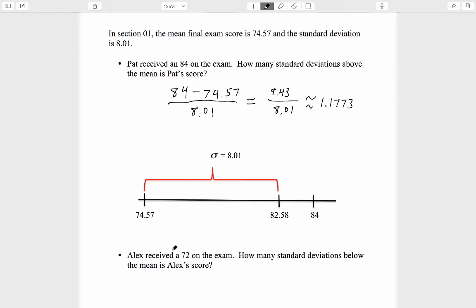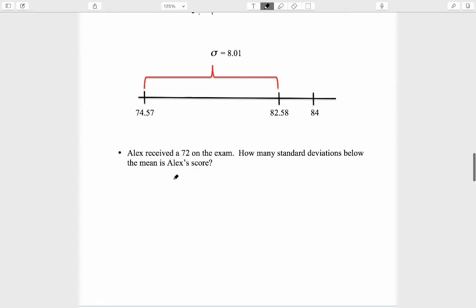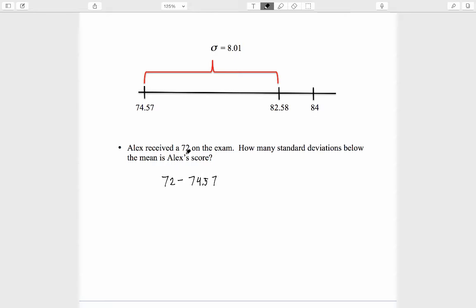Let's practice this idea some more. Alex received a 72 on the exam. How many standard deviations below the mean is Alex's score? In order to do these computations in a consistent way, we're always going to compute data point minus the mean. The fact that Alex received a score below the mean will show up as a negative number of standard deviations.